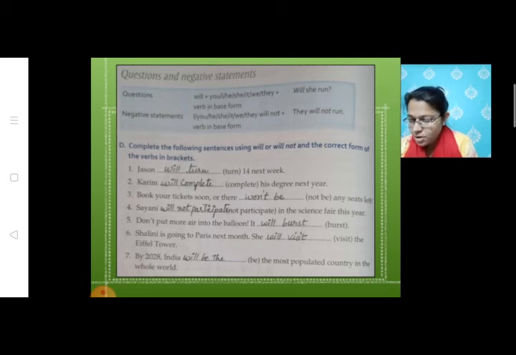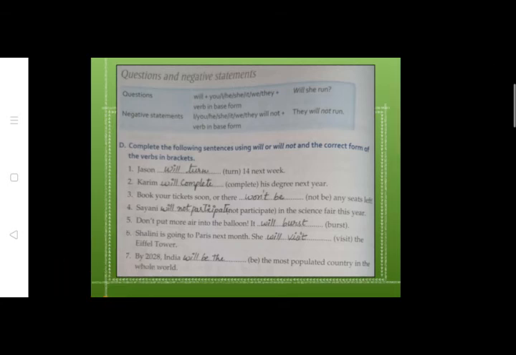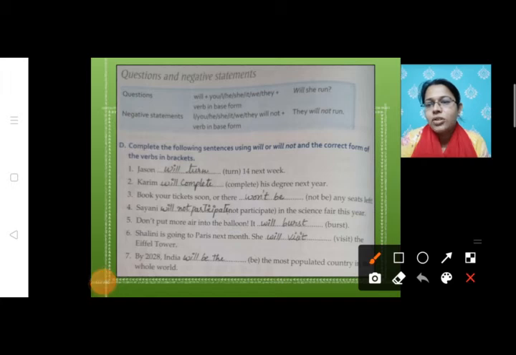Seventh one. By 2028, India ___ be the most populated country in the whole world. So here, by 2028, India will be the most populated country in the whole world. And students, by mistake I have written "the" along with will be, so you are not going to write "the".